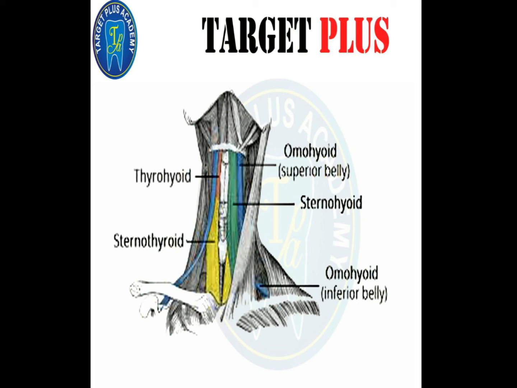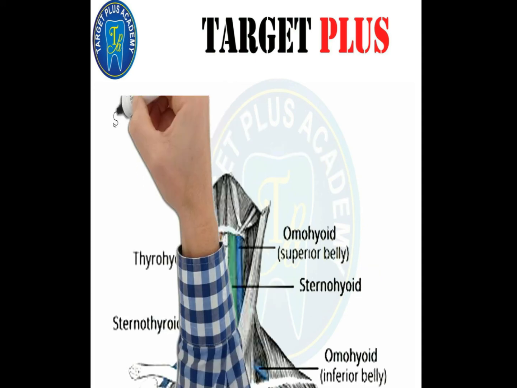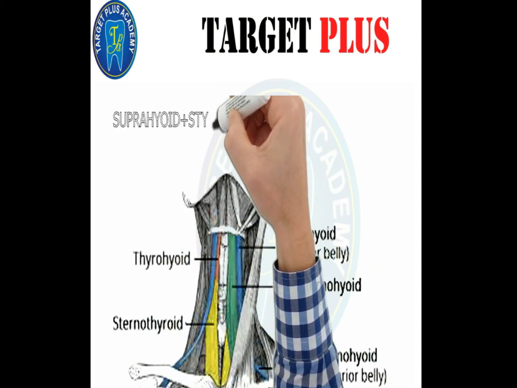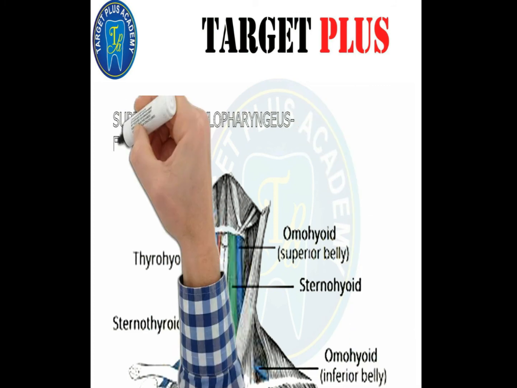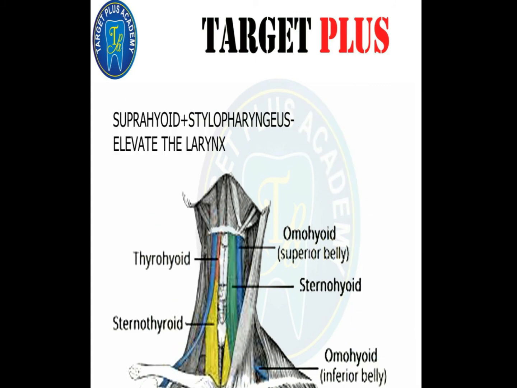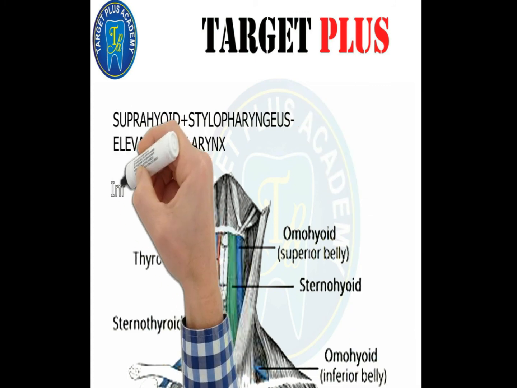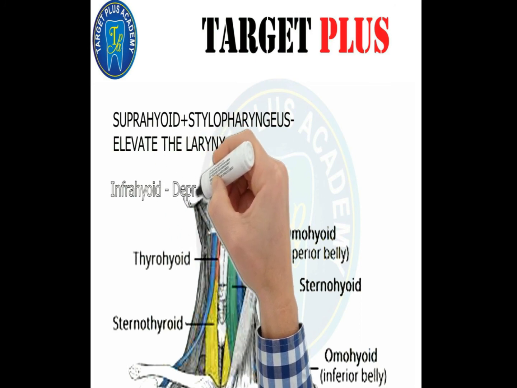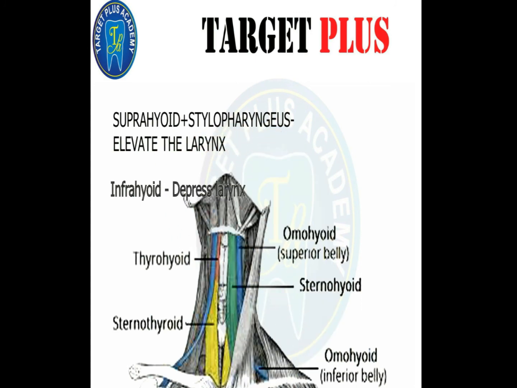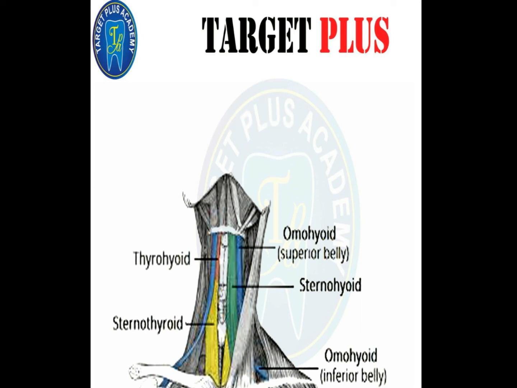The suprahyoid and infrahyoid muscles are attached to the hyoid bone, which in turn is bound to the larynx by strong ligaments, so that allows the whole larynx to be moved as a single unit. As a general rule, the suprahyoid muscles and stylopharyngeus will elevate the larynx, whereas the infrahyoid muscles will depress the larynx.